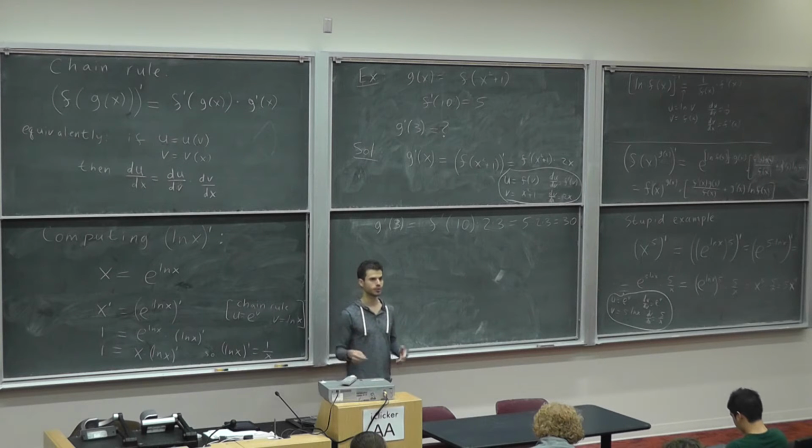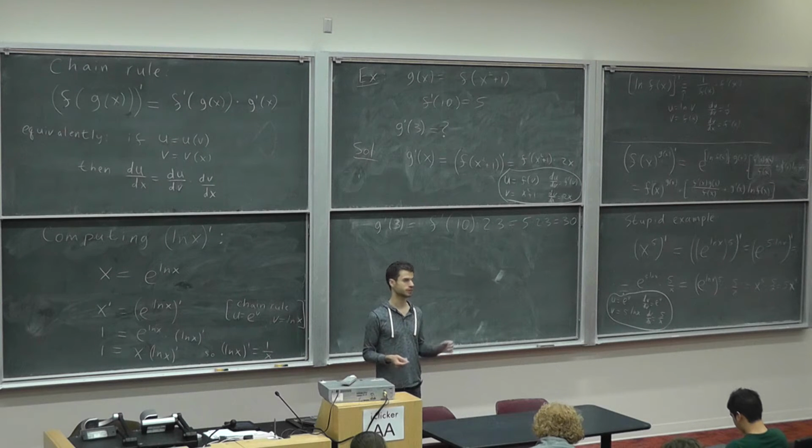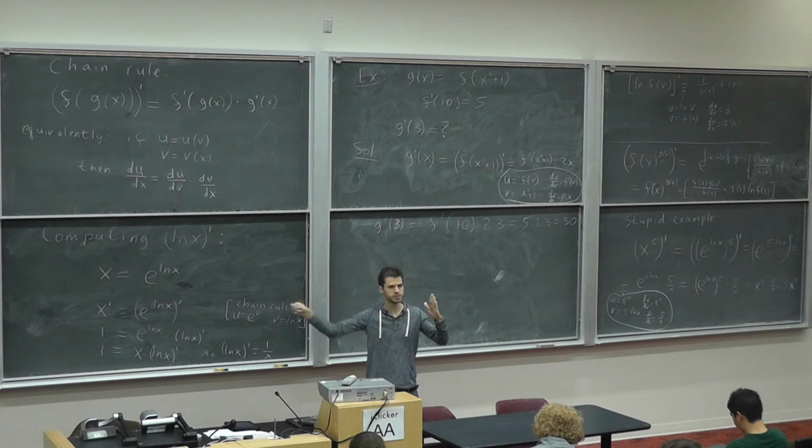You can think about the graph. It means that when x is equal to 10, the slope of the tangent to the graph of f is 5. But that's the only thing you know. After you know what the slope of the tangent at a given point is, you can continue the graph in any way. Like this, like this, like this, whatever.